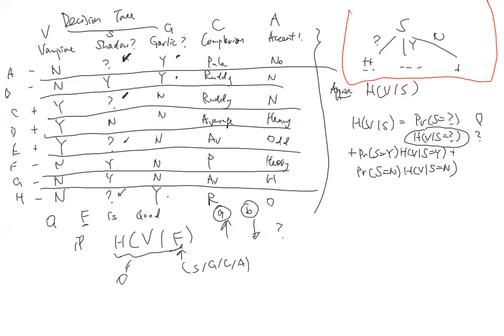And by the way, plus are the vampire, minus are not vampire. My question is what is H(V given S equal to question mark)?